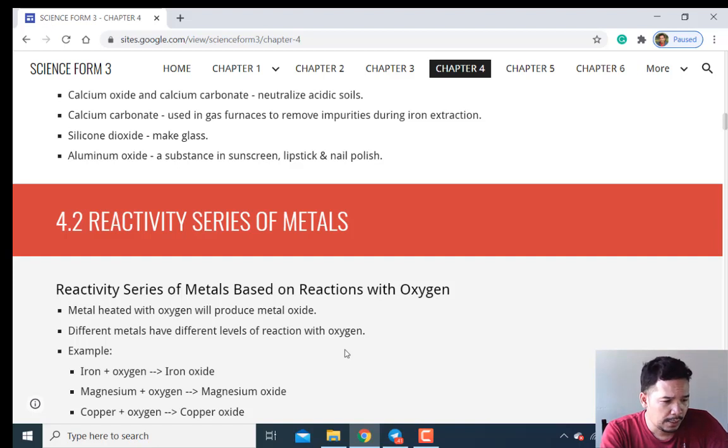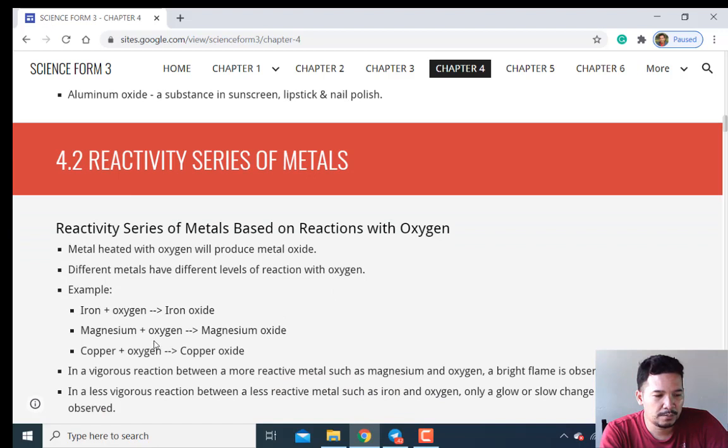For example, iron reacts with oxygen to produce iron oxide, while magnesium with oxygen will produce magnesium oxide. Copper also produces copper oxide. In a vigorous reaction between more reactive metals such as magnesium with oxygen, a bright flame is observed.